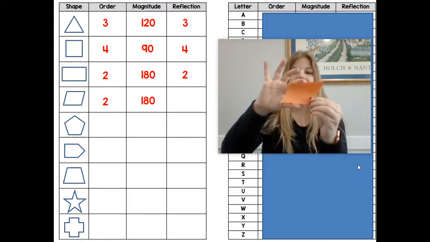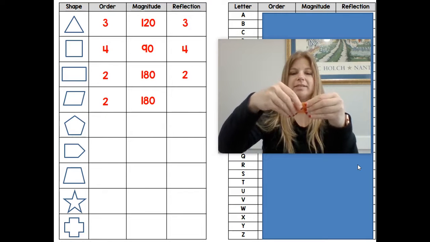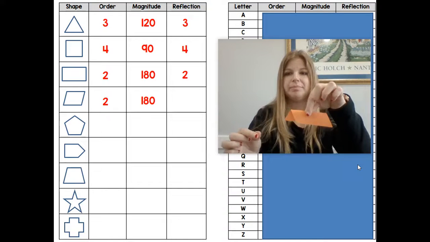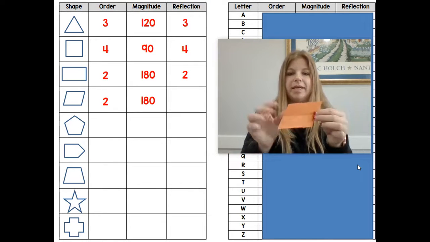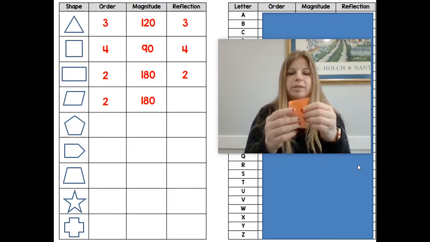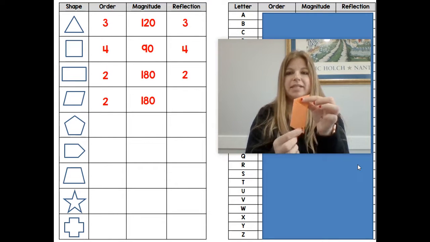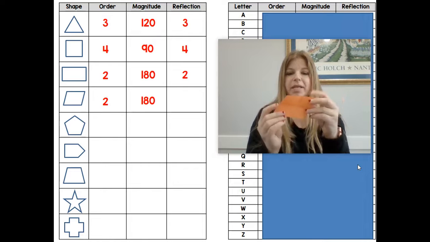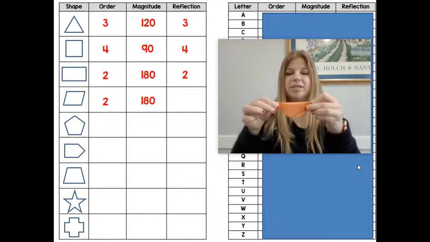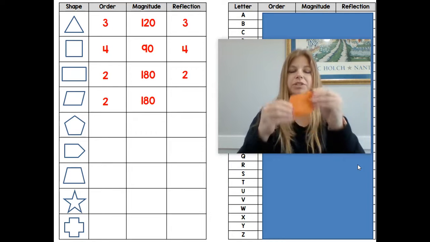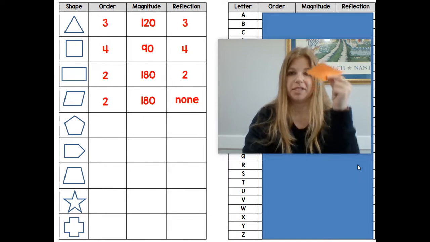Reflection, though, is kind of tough because, look, if I go to reflect this over, let's say, the horizontal, notice the points don't match up. If I folded it vertically, that's definitely not going to match up. Folding it diagonally, also, you'll notice the points don't actually match up. So there's actually no lines of reflection for this figure.